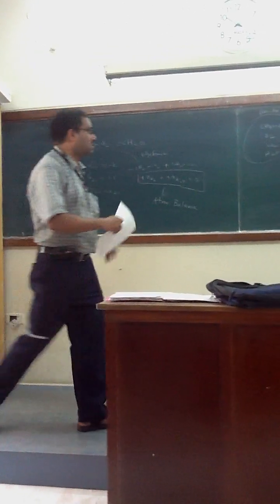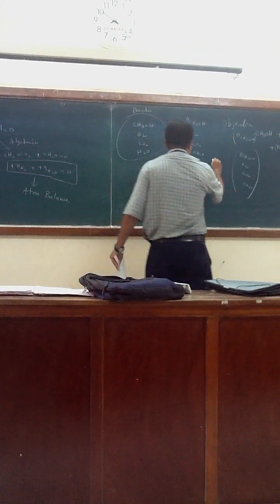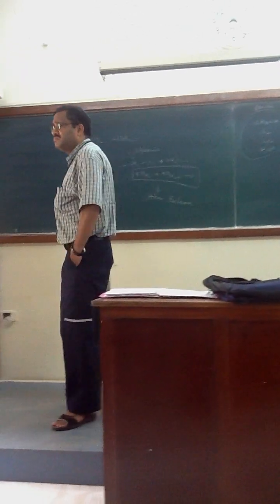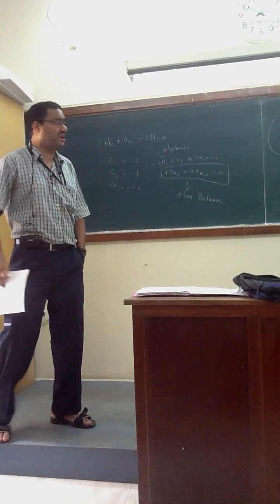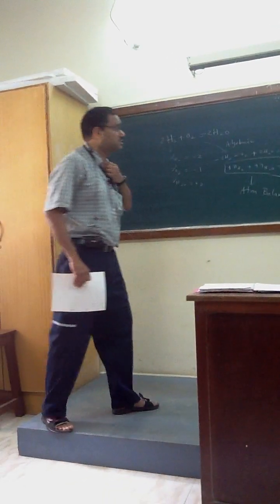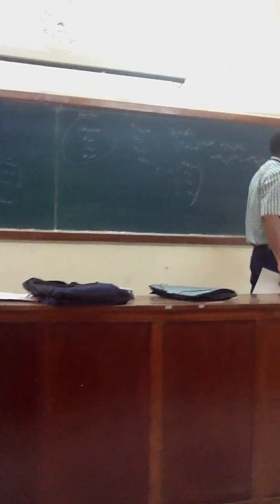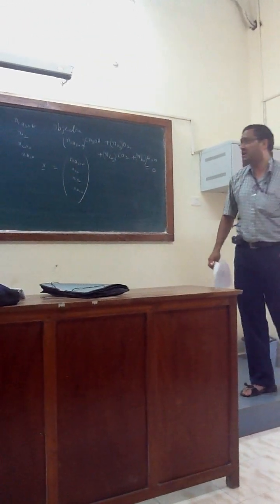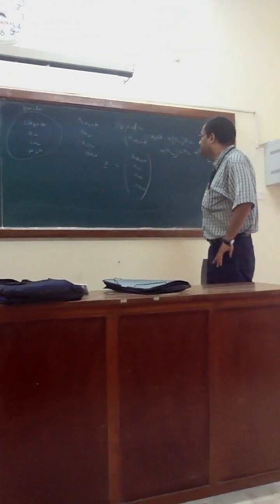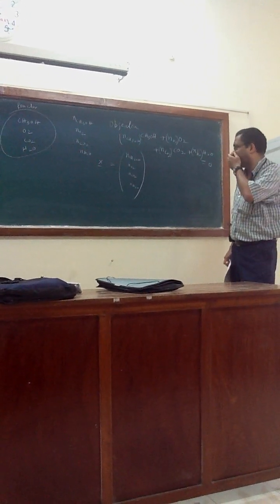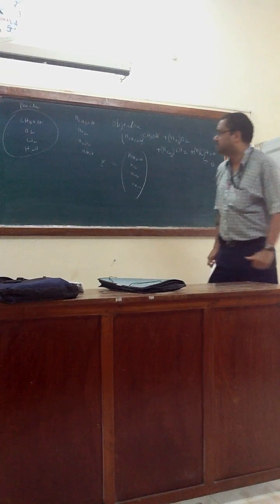This is my x vector. This is a very important part I am teaching here in the class because it's directly linked with chemical reaction, and that's why we apply mathematics here. So we have to find n_CH3OH, n_O2, n_CO2, and n_H2.